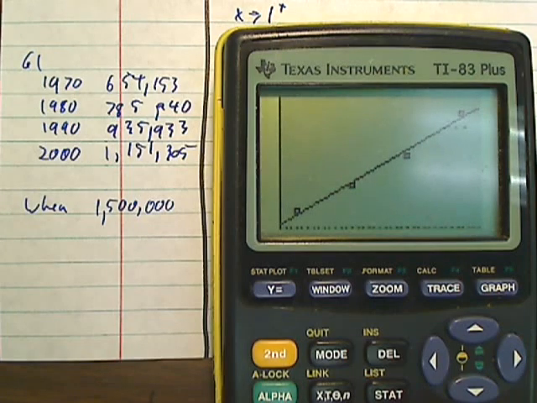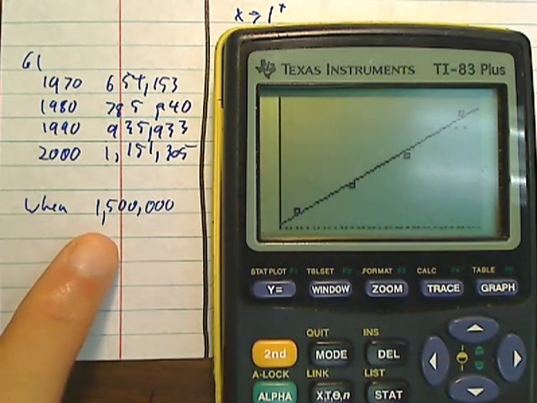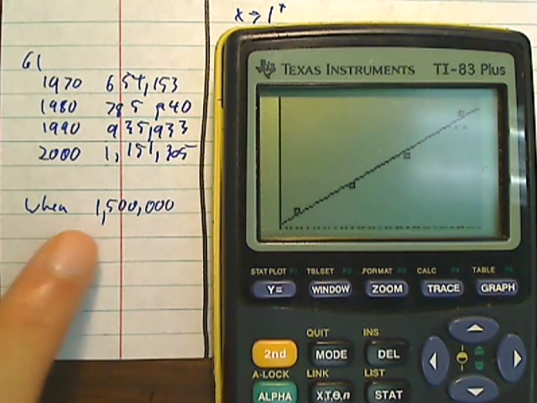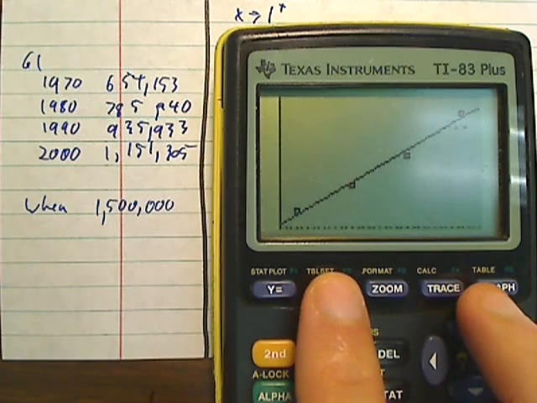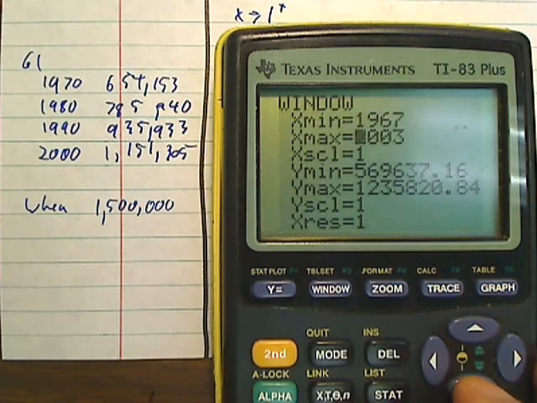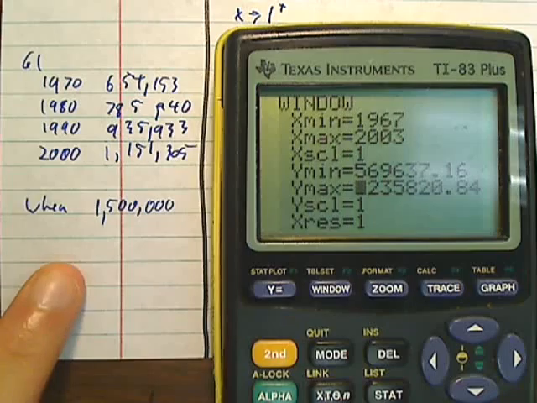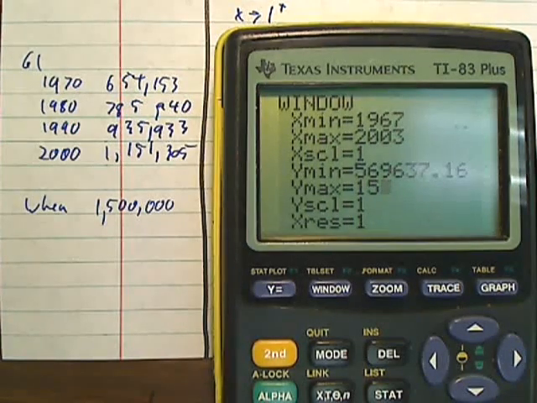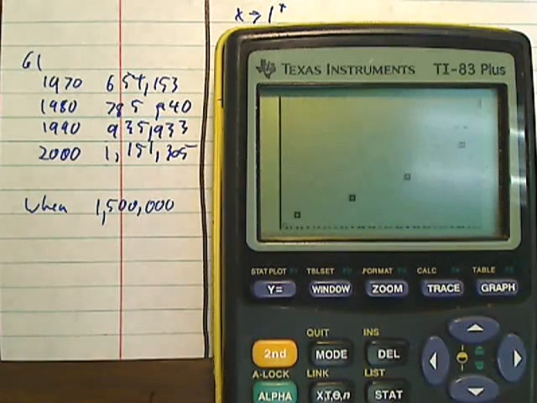Okay, it says it's logarithmic. That basically looks like a straight line, though. I want to go over to when the population is 1,500,000, so I'm going to adjust my window and go up to 1.5 million. Then I'll also have to adjust my x-axis.